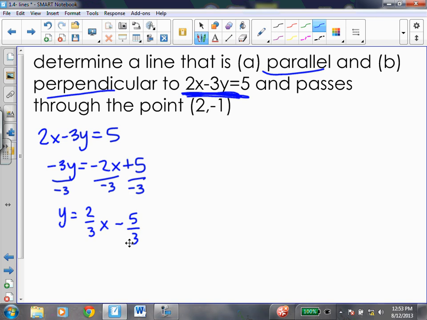So there's the same line in slope-intercept form. The slope of this particular line is 2/3, which means that the parallel slope to this line also has to be 2/3.